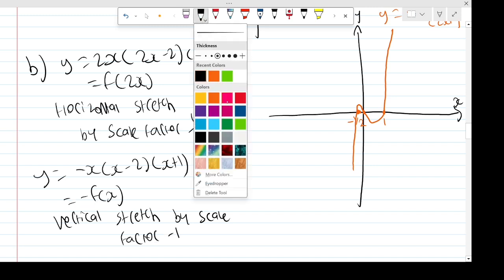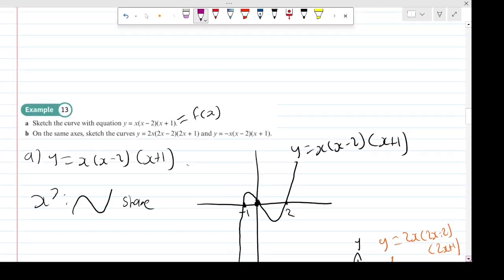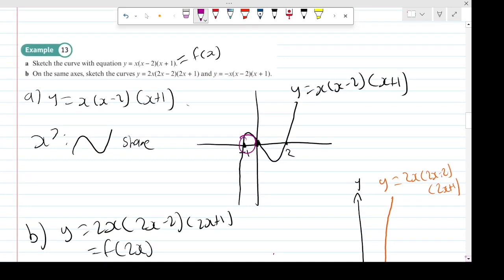So let me then draw in purple, sorry. So what that means is all these points, the key points I've drawn here, or any other points actually on the curve, all the points on the curve, the y values have to flip sign, okay, essentially. If you multiply by -1, you flip the sign.